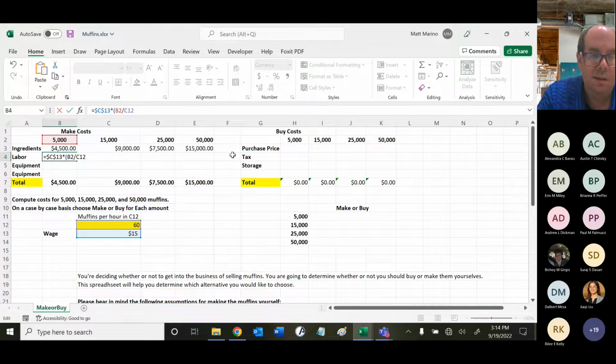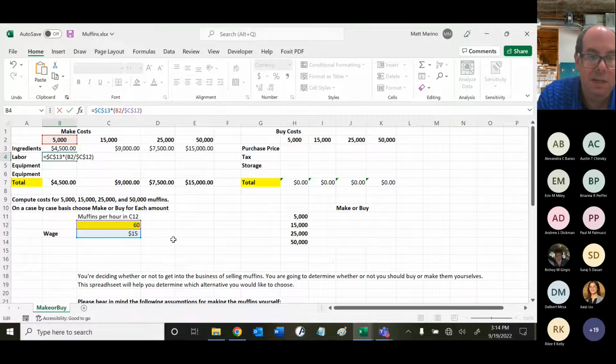So we changed the C12 to an absolute and then close that out. This way, when we autofill it over, the only thing that changes is B2 to C2, D2, and E2.